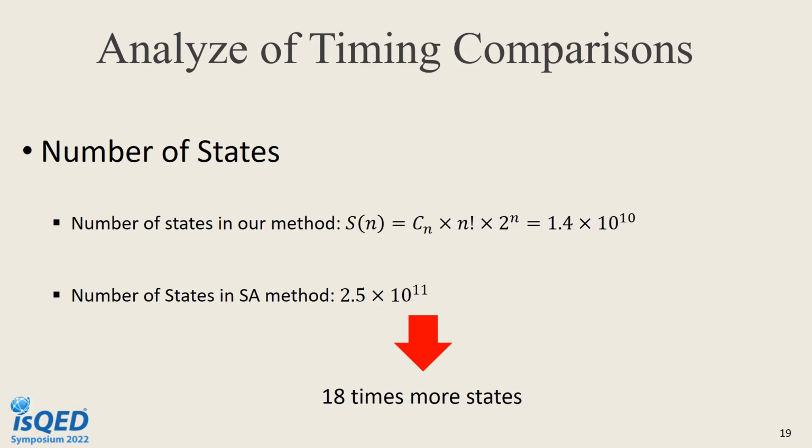That is the different configurations of the BSR tree, but the number of states in simulated annealing is 2.5 times 10 to the power of 11, based on the calculation. Simulated annealing has 18 times more states, and that is the reason that our method is faster.